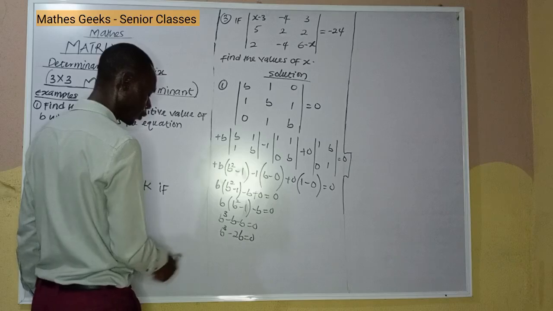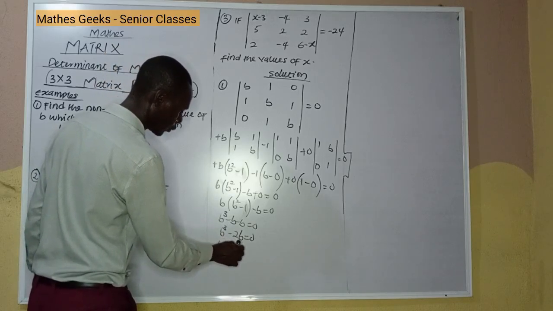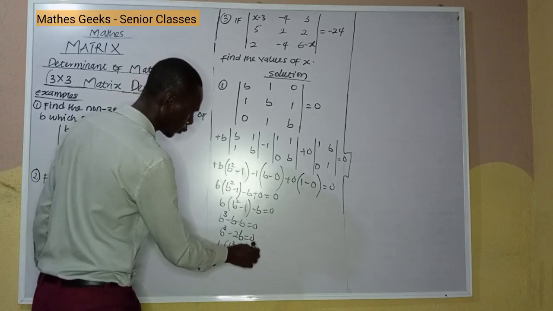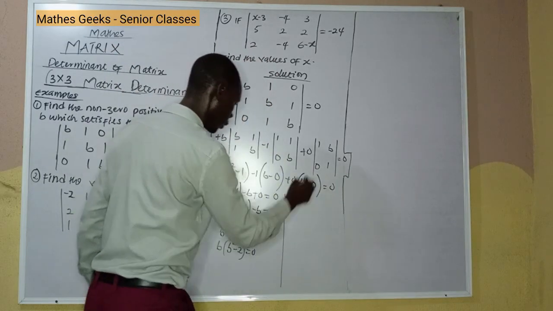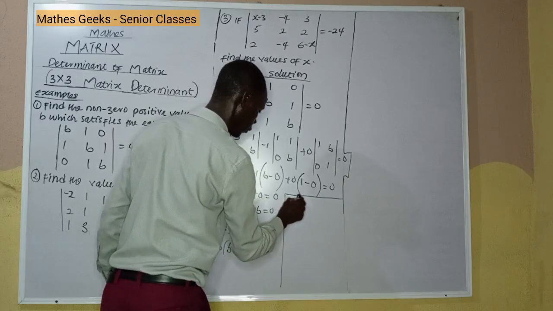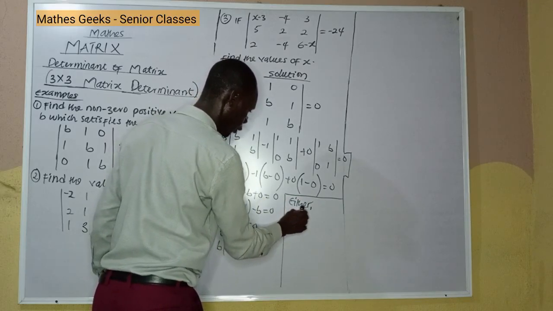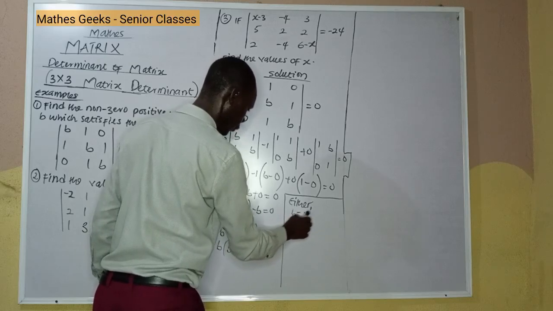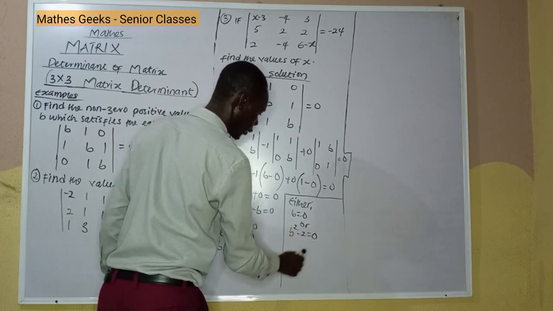Let's factor out the common factor b: b times (b squared minus 2) equals 0. So either b equals 0 or b squared minus 2 equals 0.